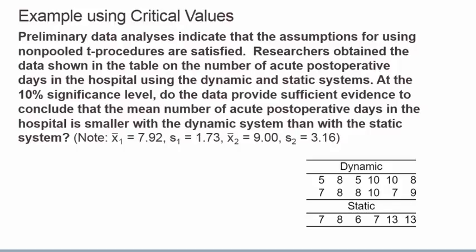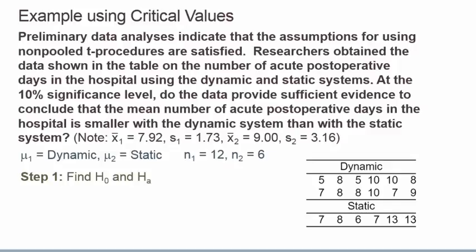The static system data: 7, 8, 6, 7, 13, 13. We want mu sub 1 to equal the dynamic system and mu sub 2 to equal static. We also know that the dynamic system, n sub 1, has 12 pieces of data. The static system, n sub 2, has 6 pieces of data.